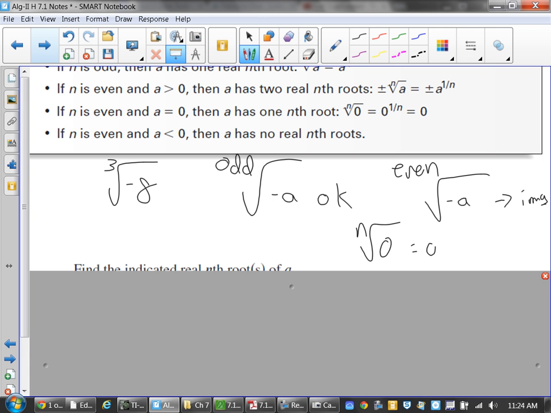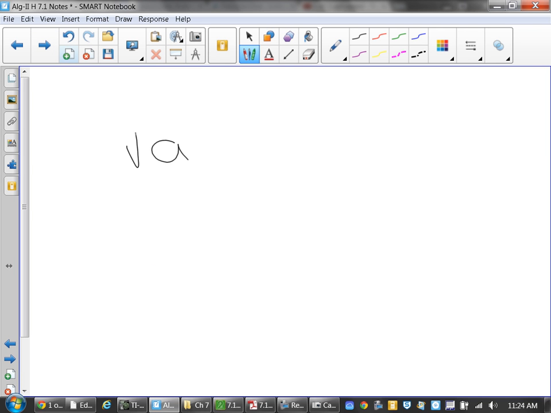I do want to introduce you to the way that they write this nth root stuff, though. Nth roots are written like this. That's all it is. Another way of writing that is a to the 1 over n. Those two mean the same thing.